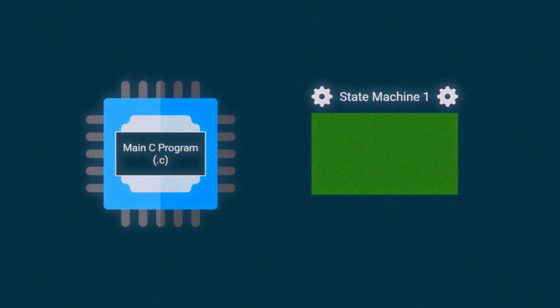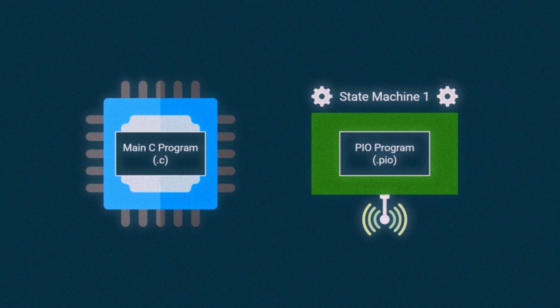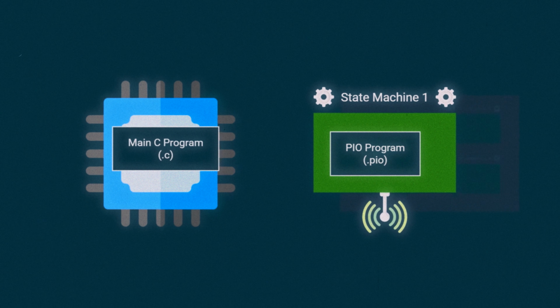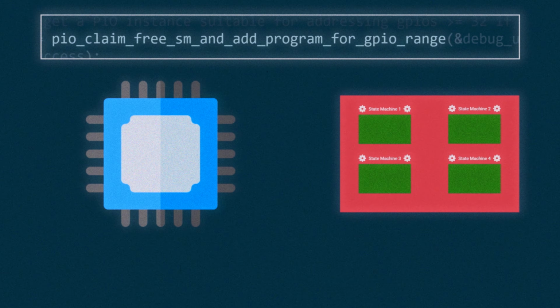Now let's quickly walk through the process of loading and starting a PIO program to add a UART transmission port using, say, GPIO pin 3 as our transmission pin. The main program will first call the function pio_claim_free_sm_and_add_program_for_gpio_range. It's a mouthful, but it clearly states what it does. It finds any PIO core with a free state machine.